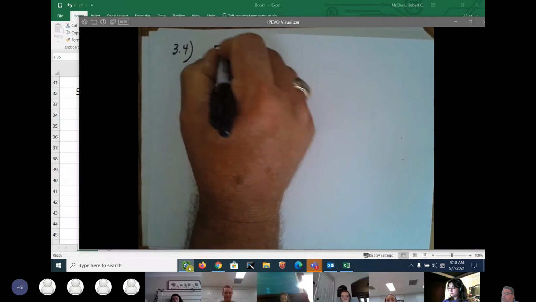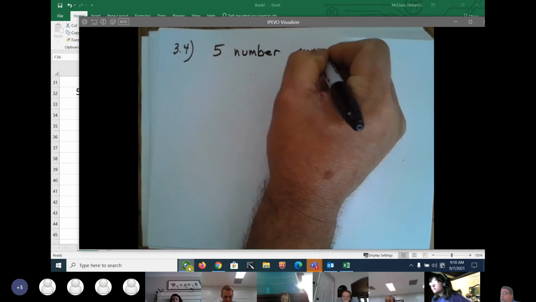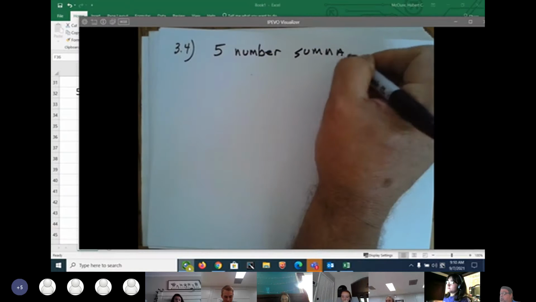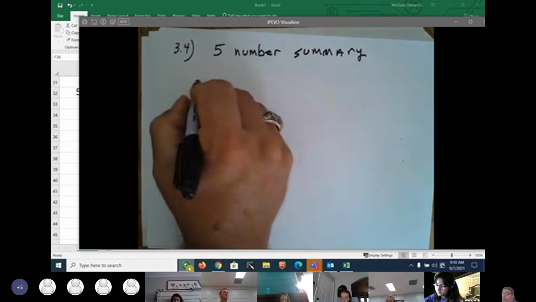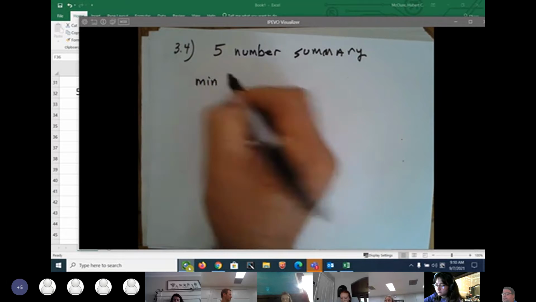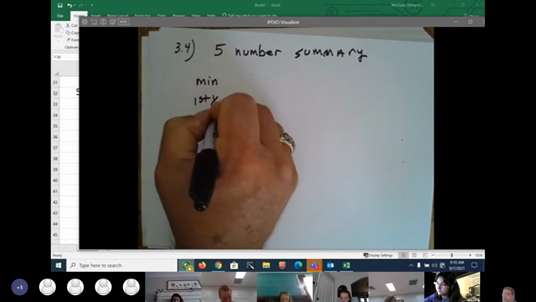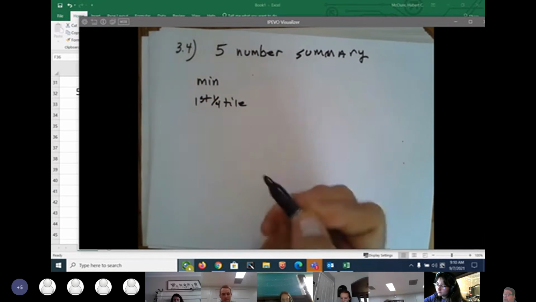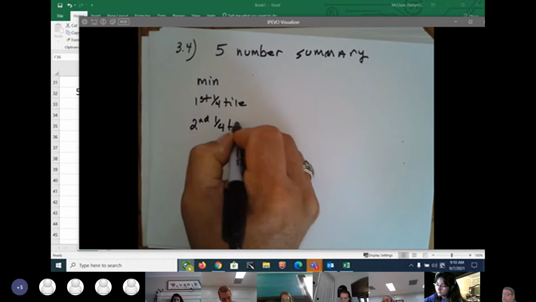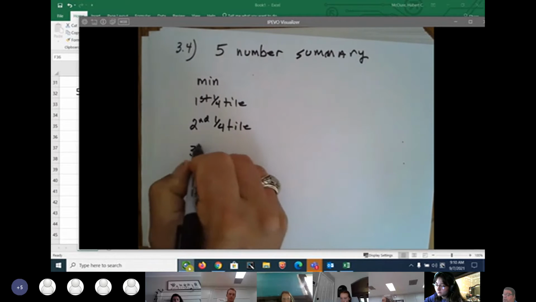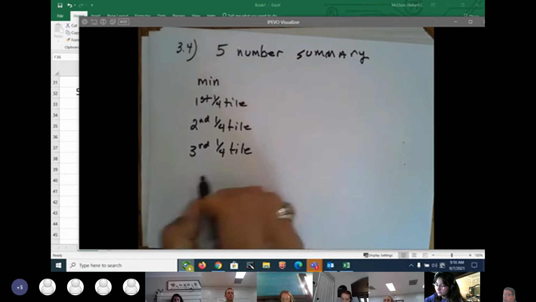5-number summary. It consists of the min, the first quartile, the second quartile, the third quartile, and the max.